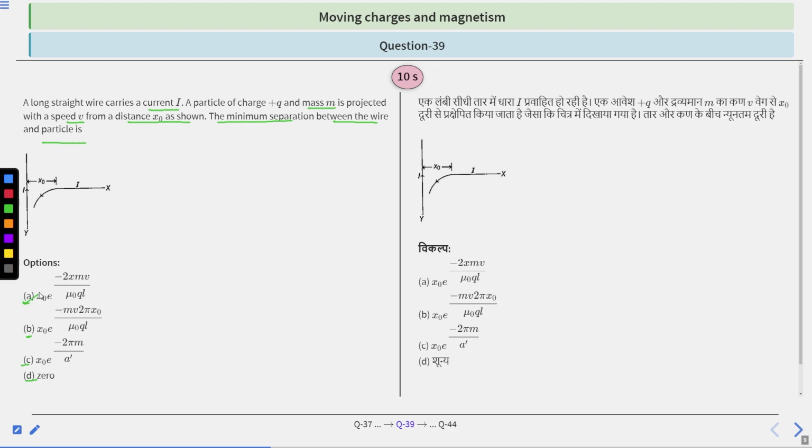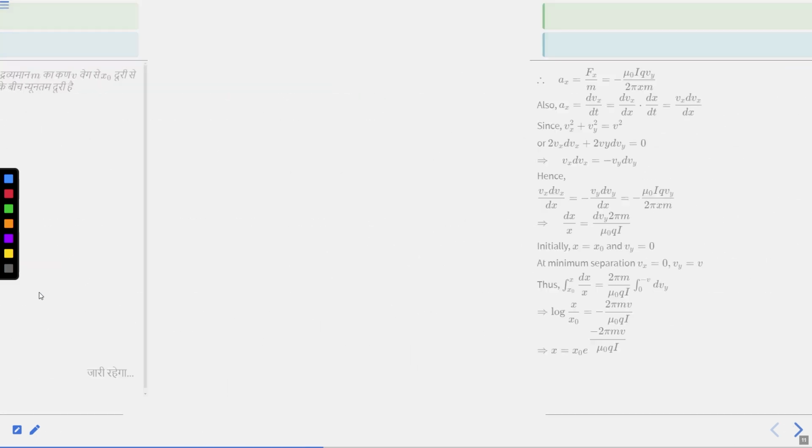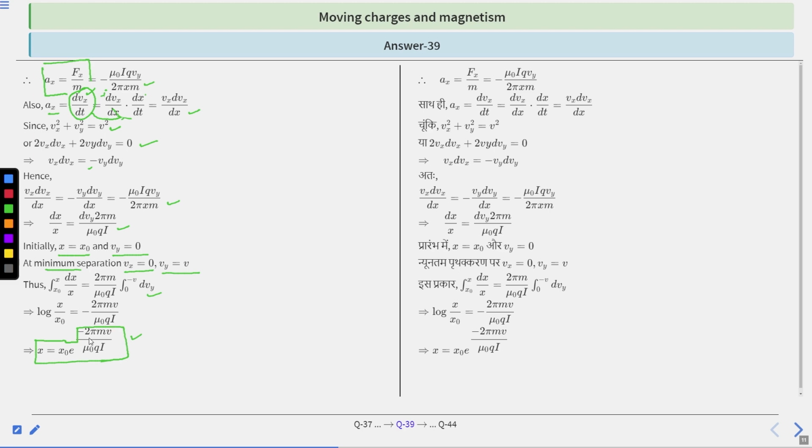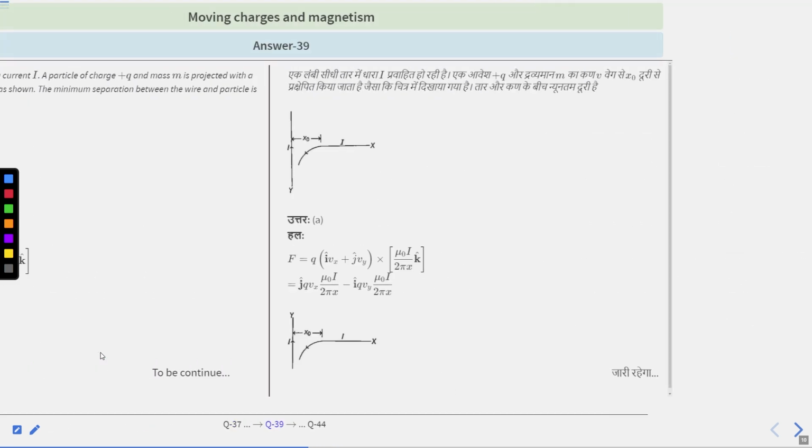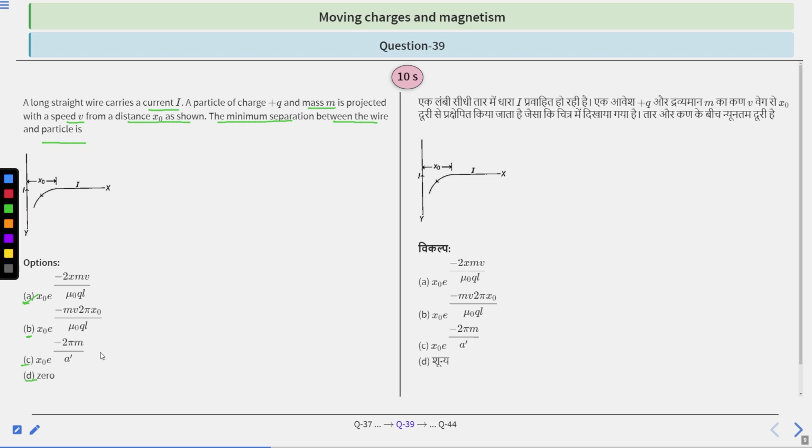A is the correct answer. Clear? The option is this one: minus 2 pi m v divided by mu naught q I. Clear?